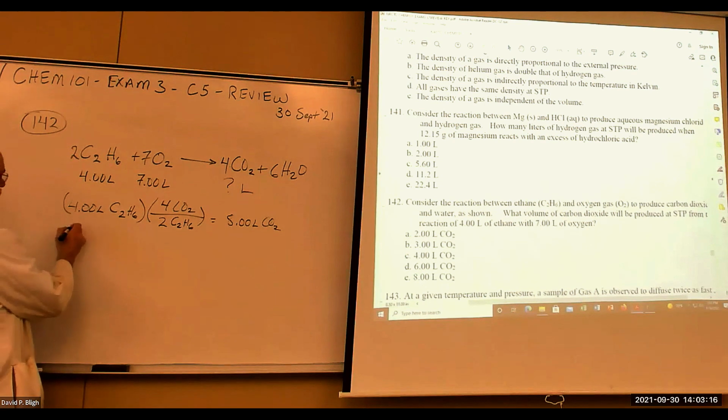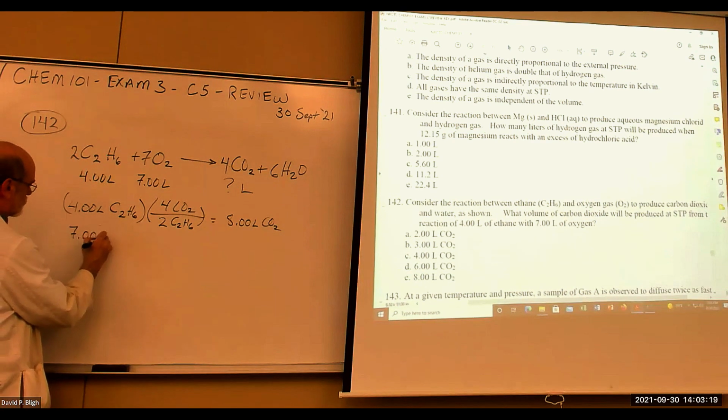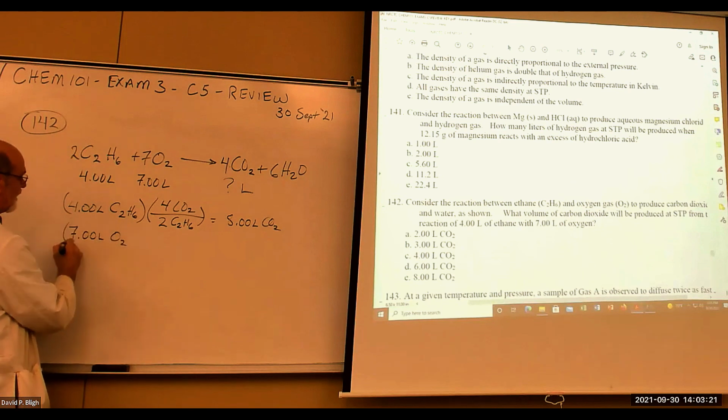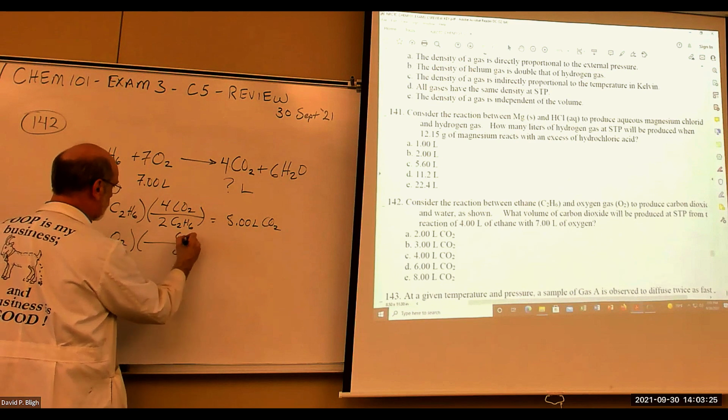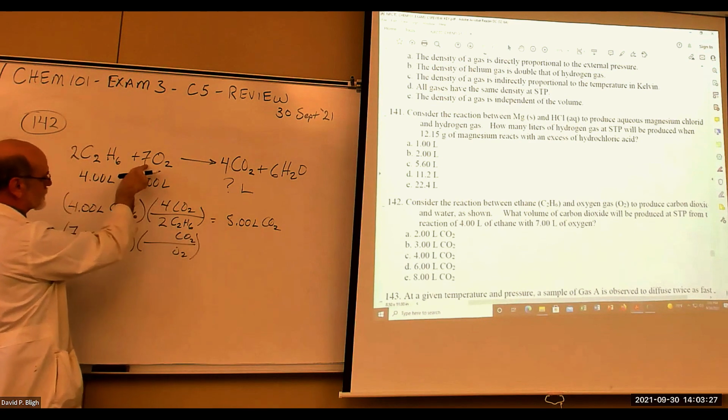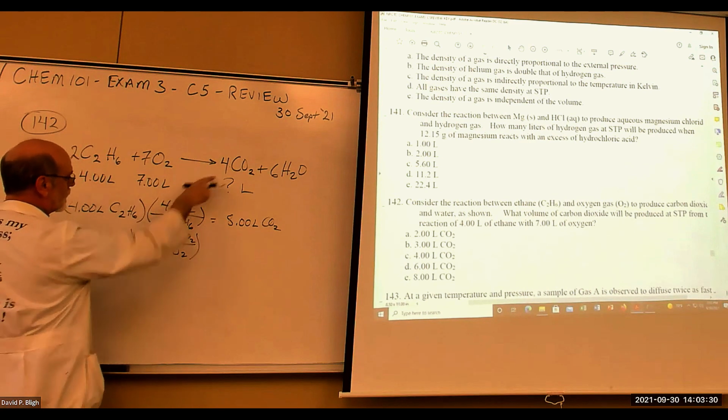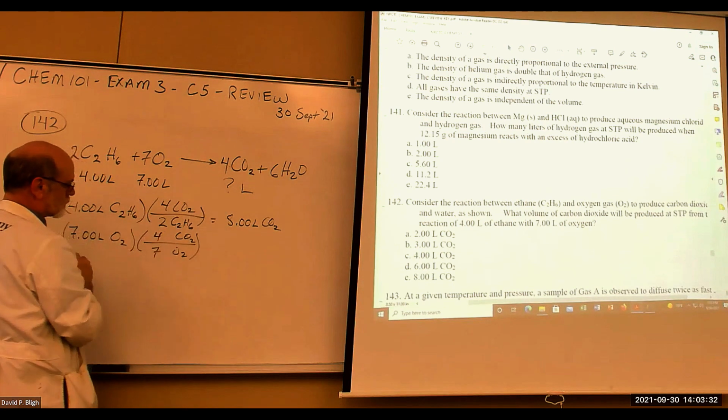How about oxygen? 7 liters of oxygen. Okay. And the conversion here is oxygen to carbon dioxide. Oxygen is 7 coefficient and 4 CO2.